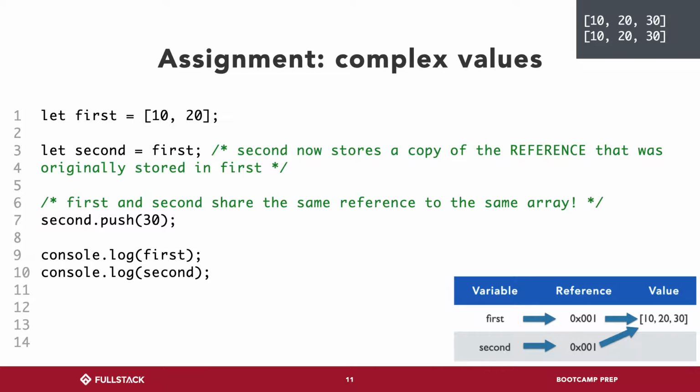And this is what I meant when I first introduced arrays to you, when I said that mutating arrays and mutating objects can sometimes be dangerous. Because you never know, if you assign things to each other like this, things could be messed up. You can mess other things up.